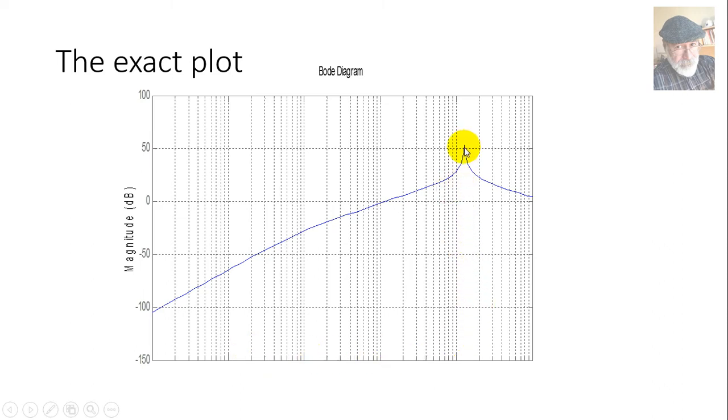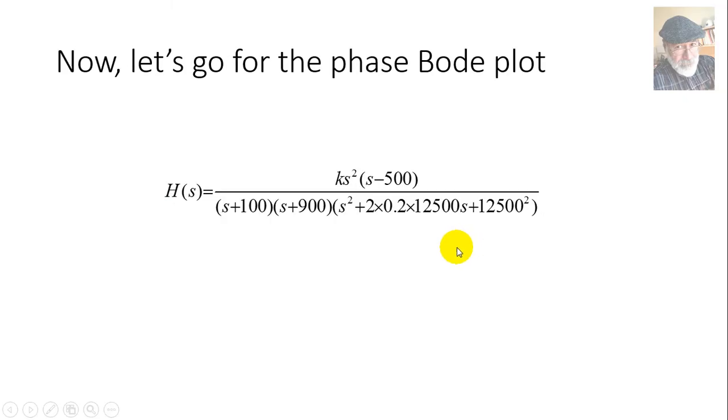What is with that peak, that spike, that hump the curve has there? Well, you remember that at 12.5 kiloradians per second, there was a double pole there, a complex conjugate pair of poles, but it had a damping factor that was tiny. It was 0.2. That's why that has that big hump, that big spike.